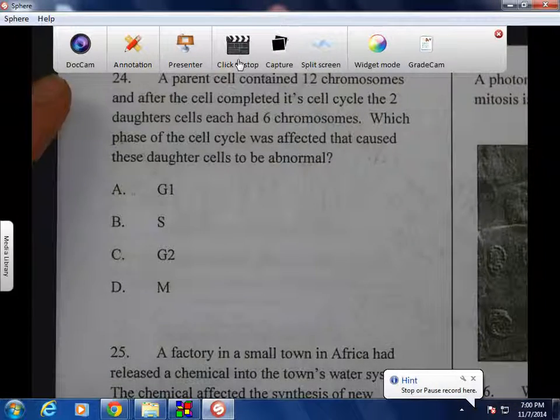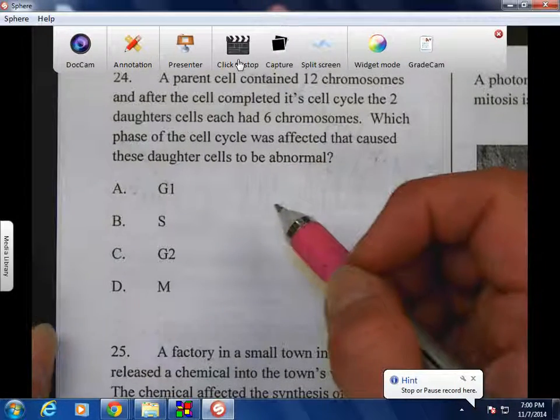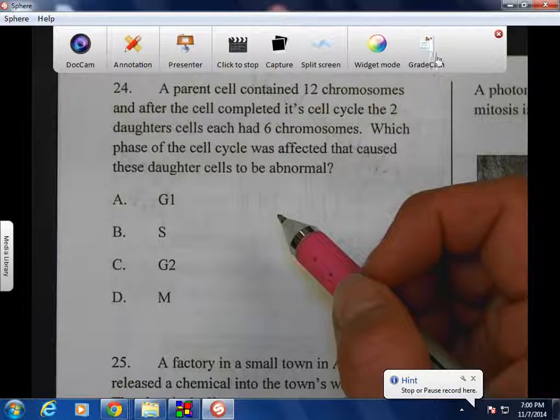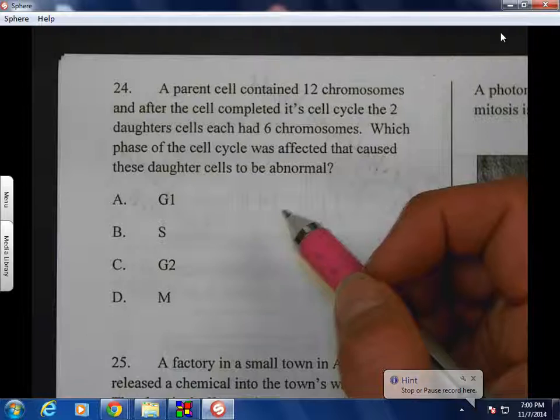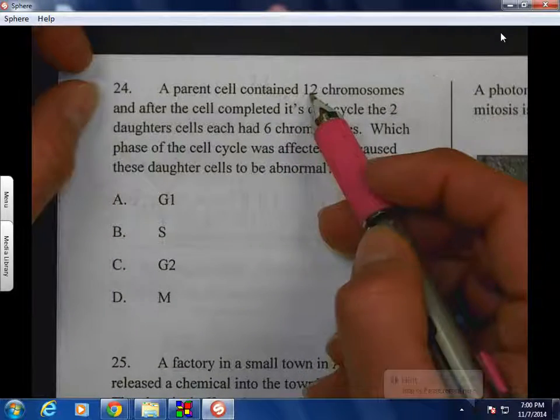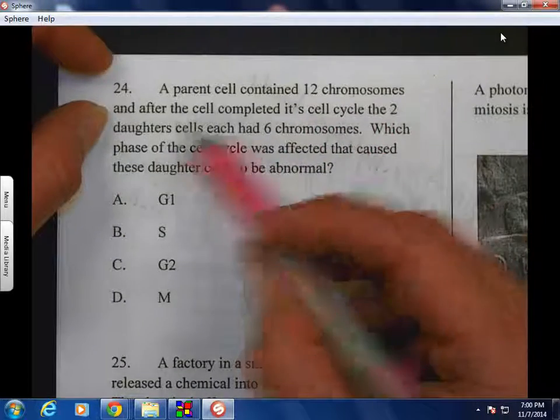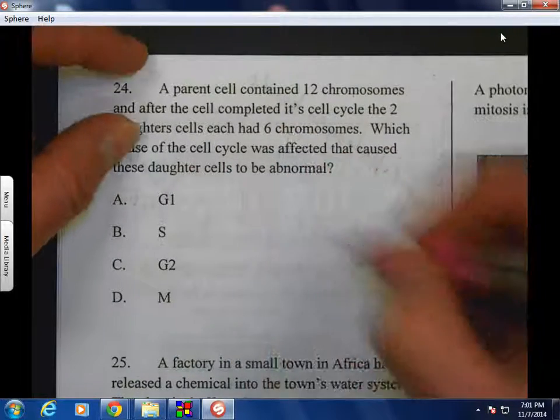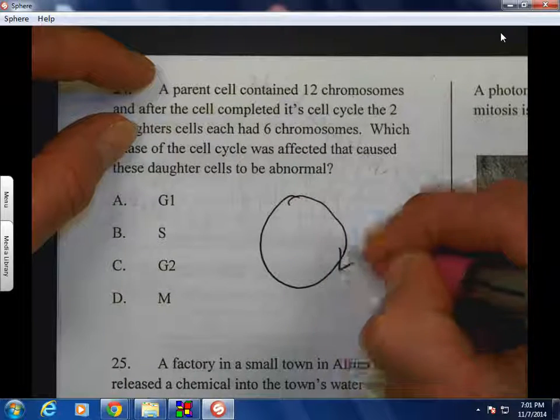Right, question number 24. A parent cell contains 12 chromosomes. After the cell completes its cell cycle, the two daughter cells each have 6. So here's the cell cycle.